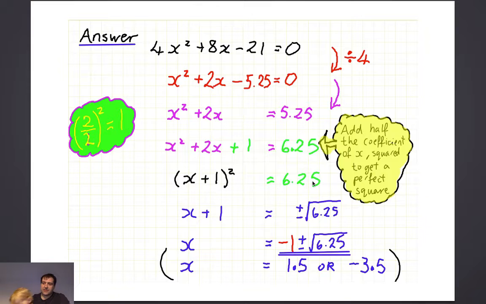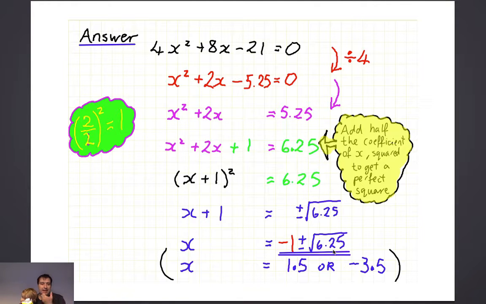So I can square root both sides to get x plus 1 on its own is the square root of 6.25 plus or minus, and then to get the x on its own, I took away the 1 to get x equals minus 1 plus or minus the square root of 6.25.